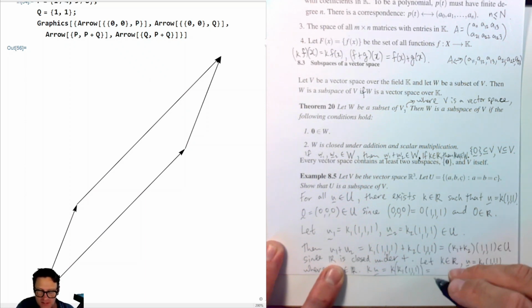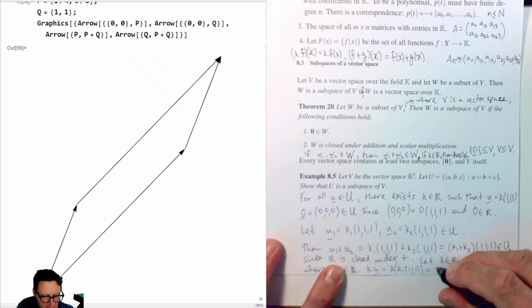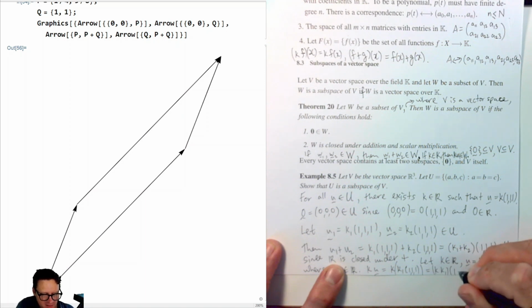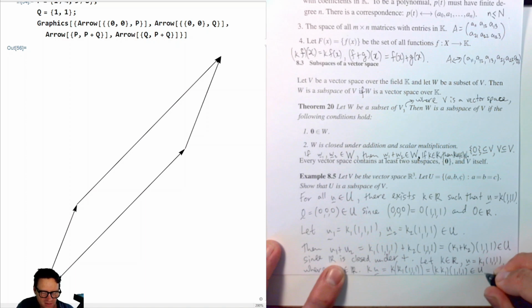And then according to one of the axioms, and it looks like the seventh one, this is k times k1 in brackets and then times the vector 1, 1, 1. And so because the set is closed under multiplication of scalars, this is in the field of scalars, so this must belong to the set U.